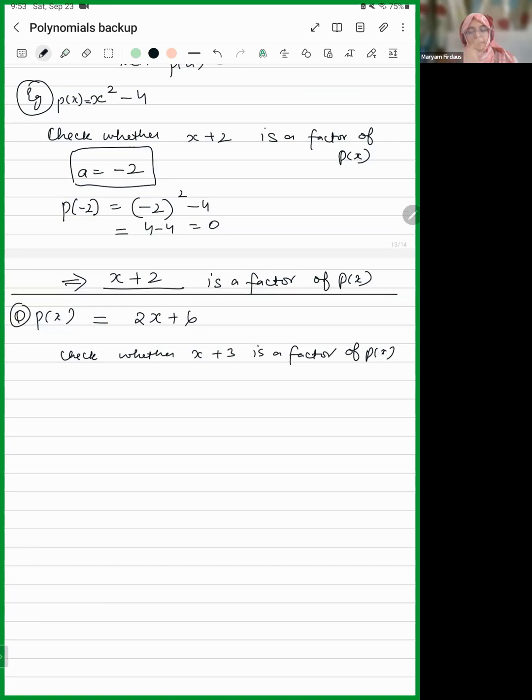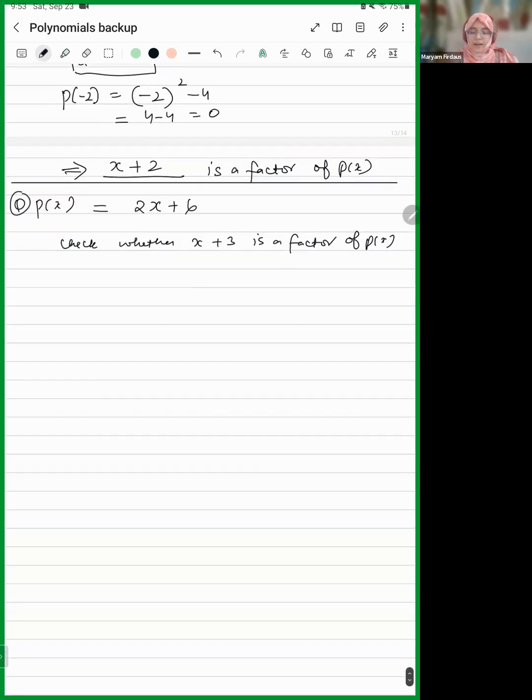Meaning, we can put 2x plus 6 equals 0 and then get one of the factors. You will be able to get the roots. If you put 2x plus 6 equal to 0, then the value of x that you get will be the root. Okay, so check whether x plus 3 is a factor.